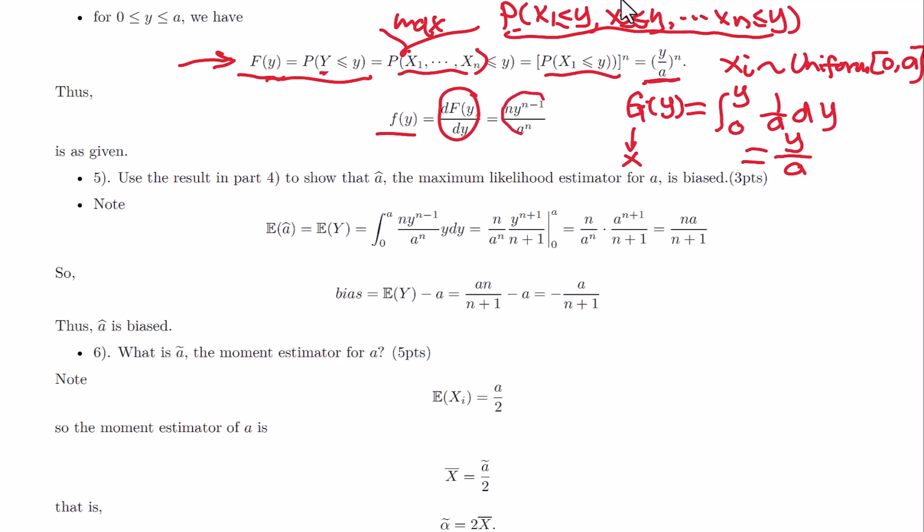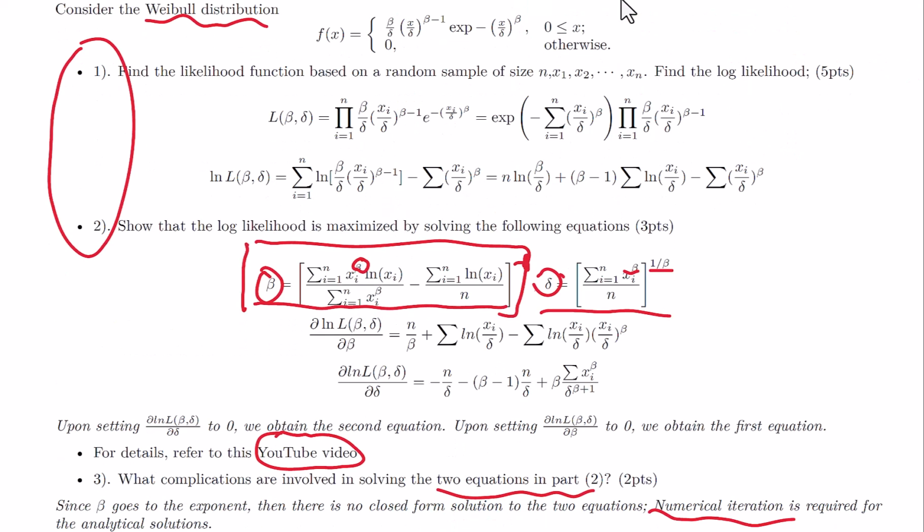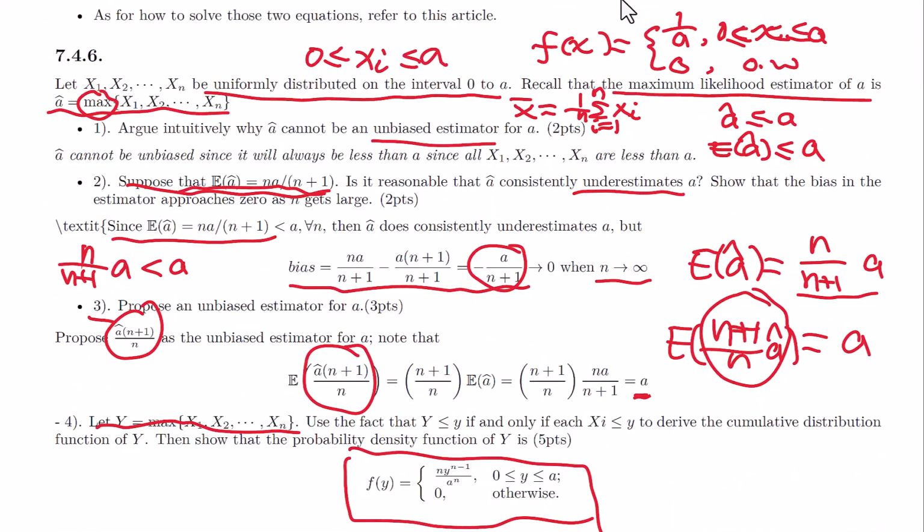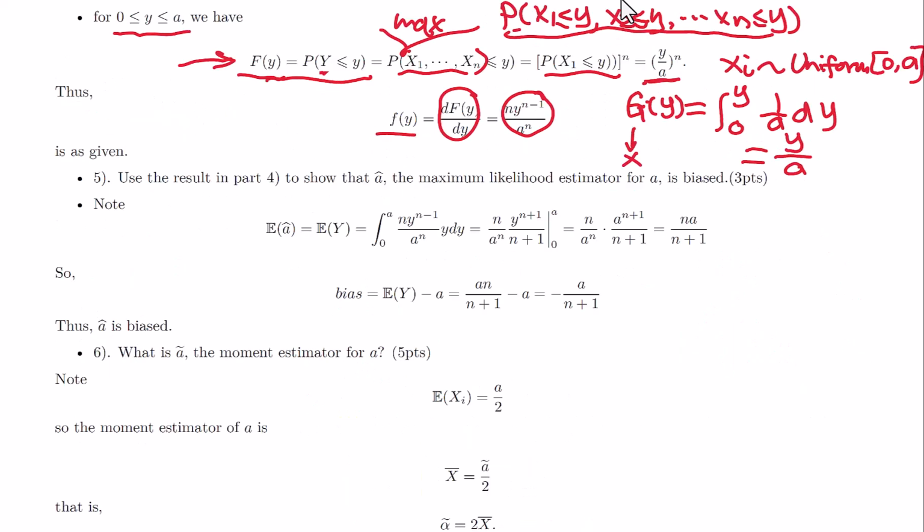So from here, you proved the PDF for Y is exactly this one, for any y values between 0 and a. Otherwise, it's 0, because you take the derivative and get exactly this.